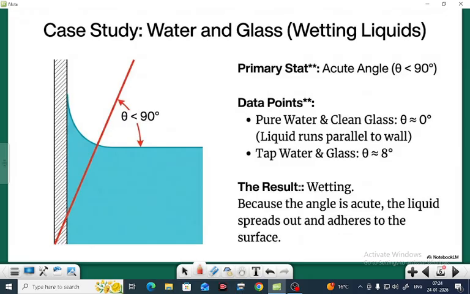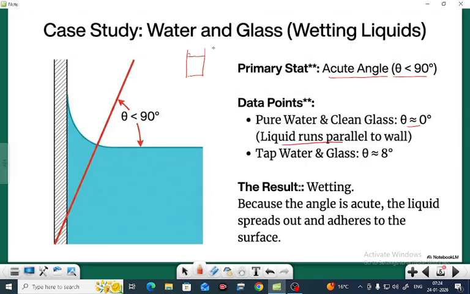Case study: water and glass. Acute angle, the theta is less than 90 degrees. Here you find that theta is always less than 90 degrees. For pure water and glass, theta is equal to 0 degrees. The liquid runs parallel to the wall. If it is pure water, the surface of the water will be a straight line.